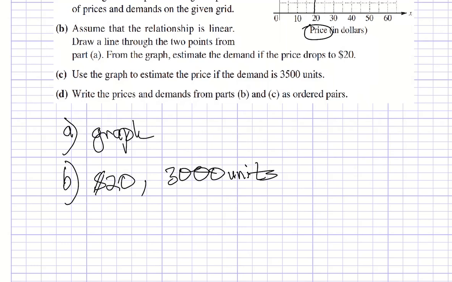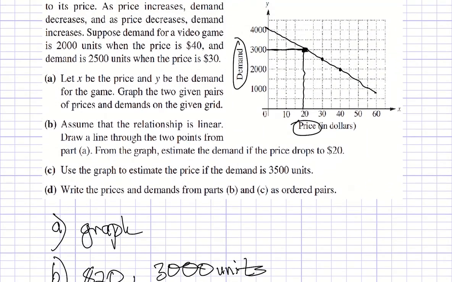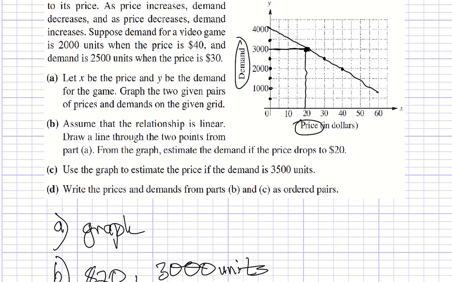Okay, if the demand is 3,500, that's C. What is 3,500? It's right here, because you remember this is 500, 1,000, it increases by 500. That's 1,500, 2,000, 2,500, 3,000, 3,500 is there, okay? So if demand is 3,500 units, it's right here, then you go to the graph right here.